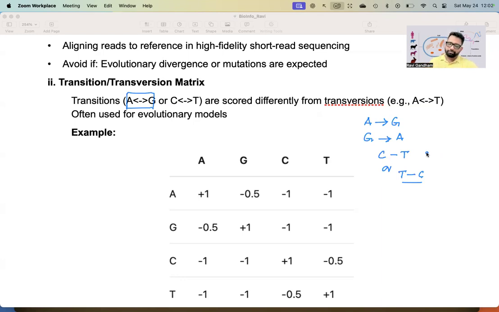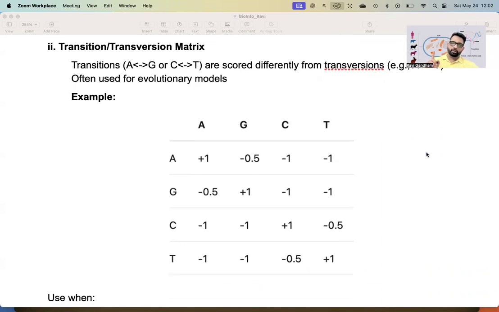Now look at this. In this transition or transversion matrix, if you remember, we were talking about certain similarities. However, when we talked about similarities, the word similarity is used only for protein sequences or amino acid alignments.